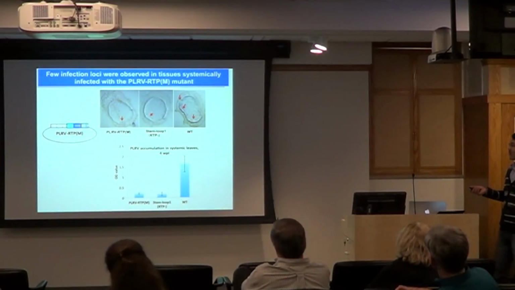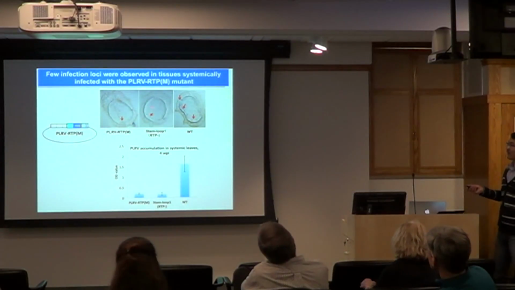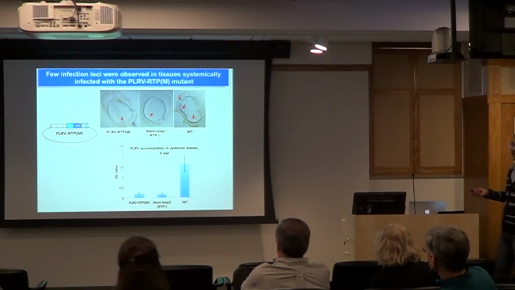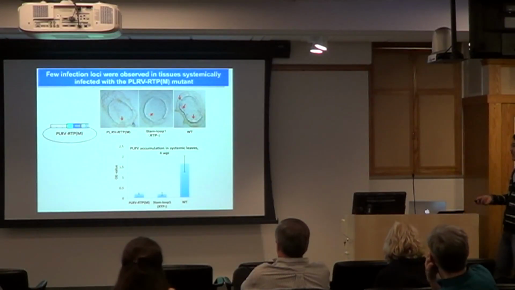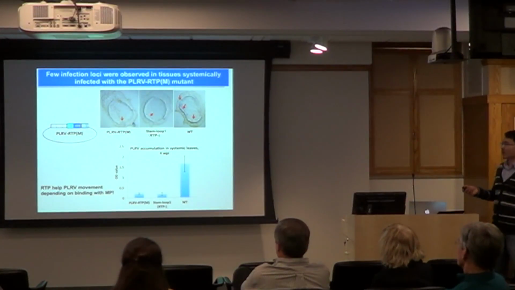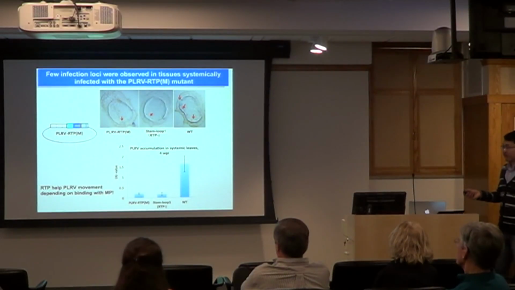Corresponding with the limited infection loci, the titer of the virus is also very low in the systemic leaf. This result supports that RTP helps the virus cell-to-cell movement depending on binding with the movement protein.